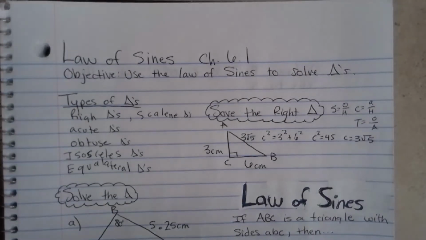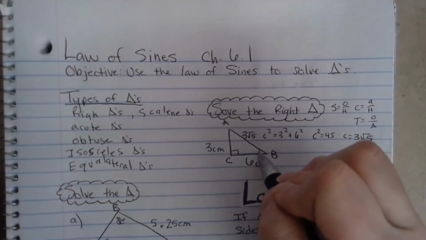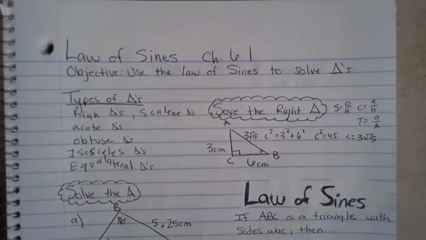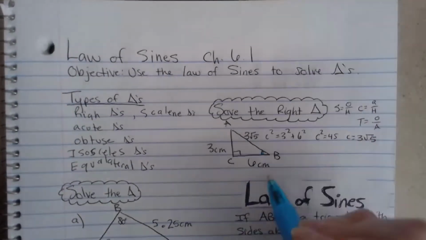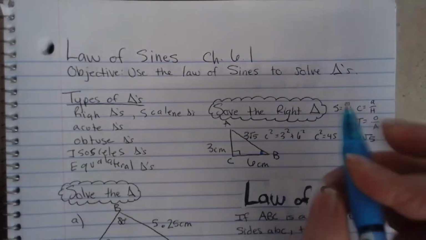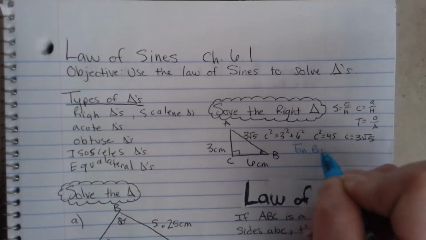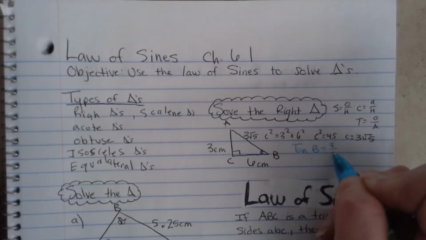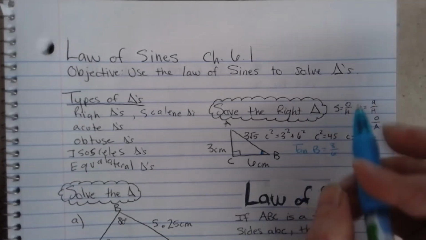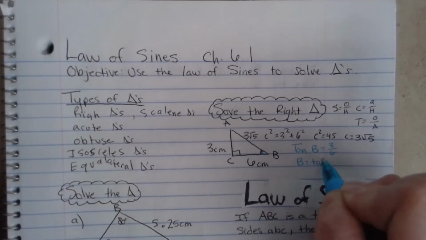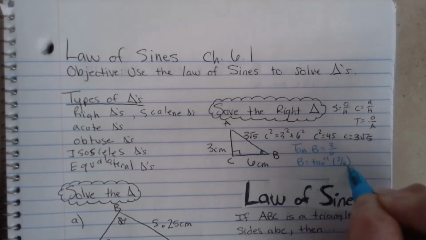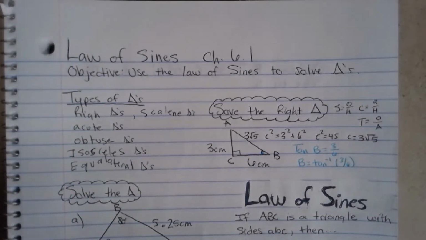Then, to find an angle, let's say angle B, we can do tangent of B equals opposite over adjacent. To get rid of tangent, we use inverse tangent, or arctangent. So B equals inverse tangent of 3 over 6, or 1/2. I'm going to make sure my calculator is in degrees.